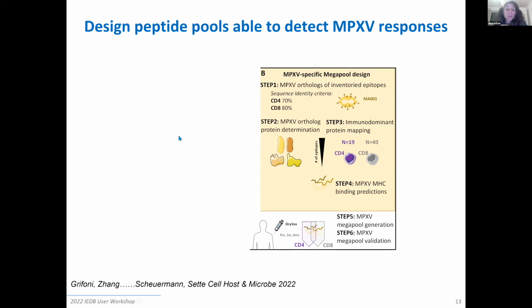And so we took, once again, the Orthopox epitopes, and then we derived the sequences that are orthologs for the monkeypox. So that allowed us to generate an inventory of ortholog peptides corresponding to the monkeypox.